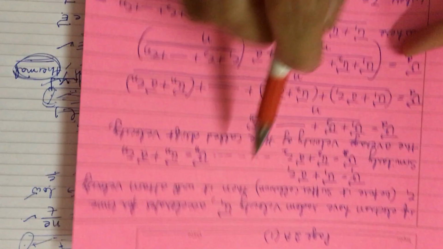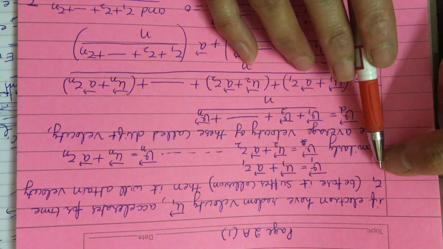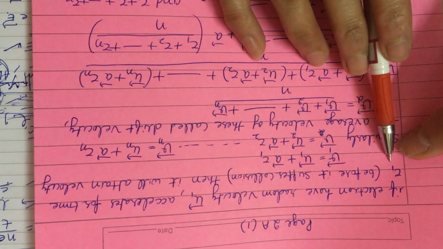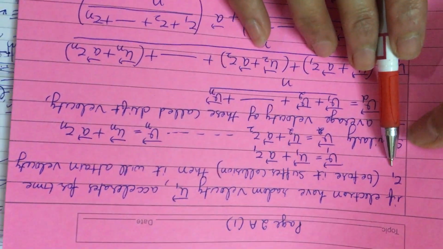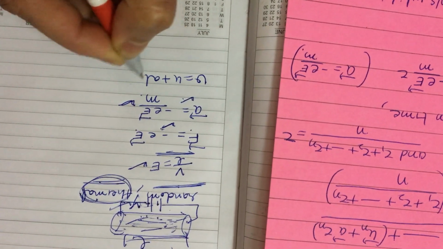So an electron with random velocity u1 accelerates for time tau. We consider tau as a vector quantity, but in this chapter we consider it as a scalar, called the relaxation time. So we have the formula v = u + at.